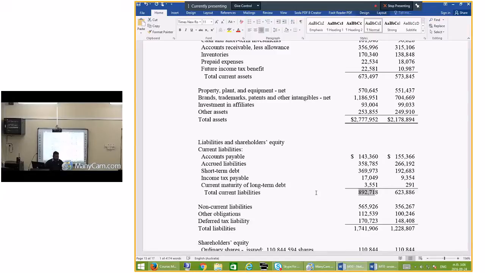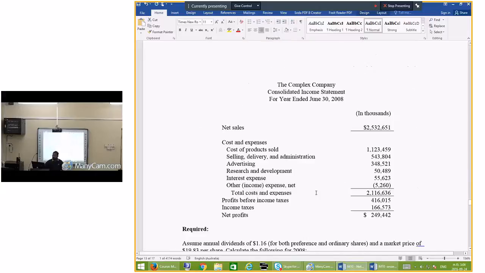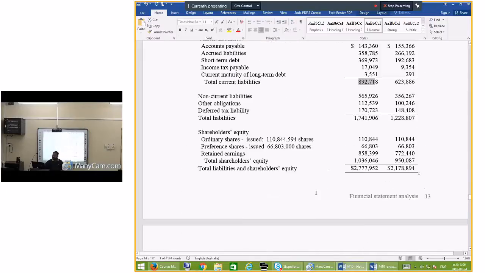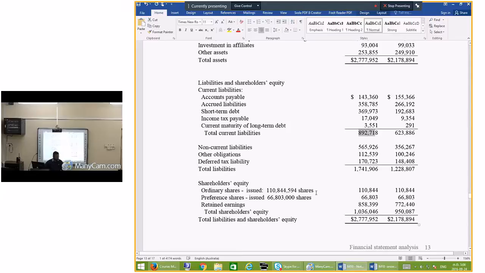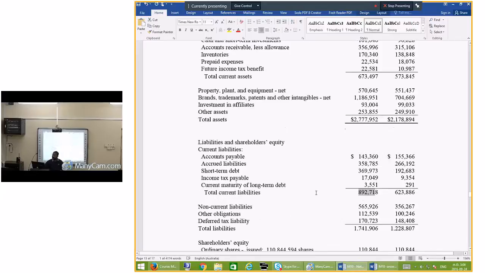Current ratio. The same figures, current assets divided by current liabilities.